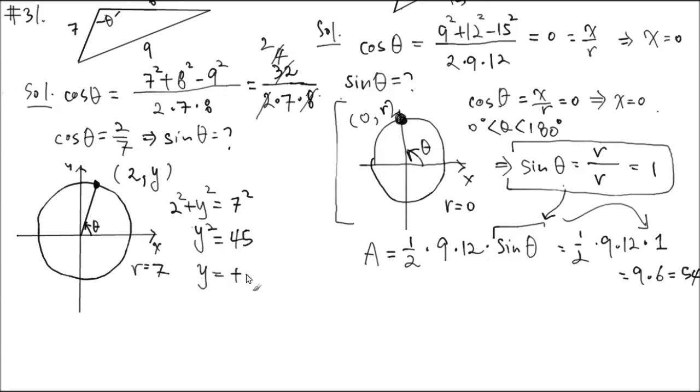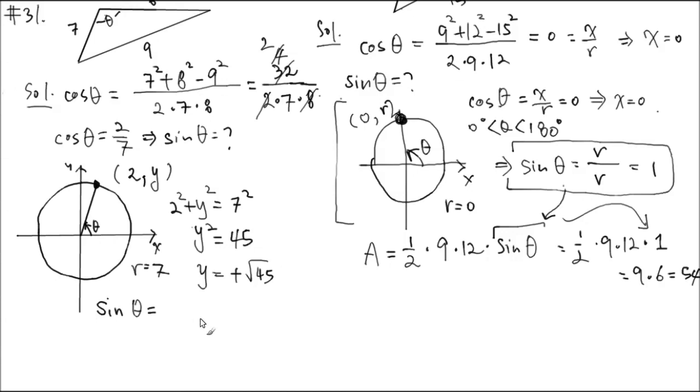Y is positive. We know it's up there. Positive root 45. Correct? There is a square factor 9 in there. We can pull it out, but I don't require that. We have a sine. You can still use this one, so I'll just keep it this way. Root 45, right? So what's the next step? Right, but we want to write down something before we have the area. Sine theta, right? We haven't written down the sine theta.